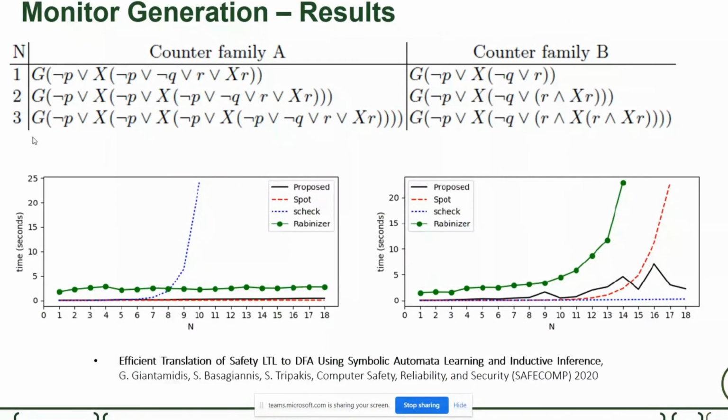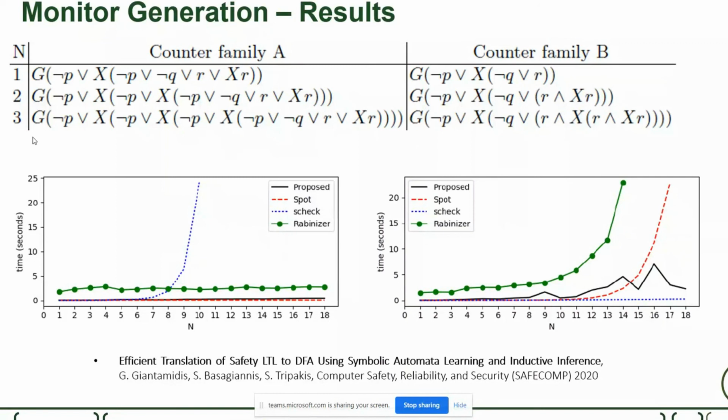Now, very briefly, some results. These are some example properties that show how we perform compared to other translation strategies. We have these two counter property families. These are properties parameterized by the number of next operators, the number of X's you see in the text.